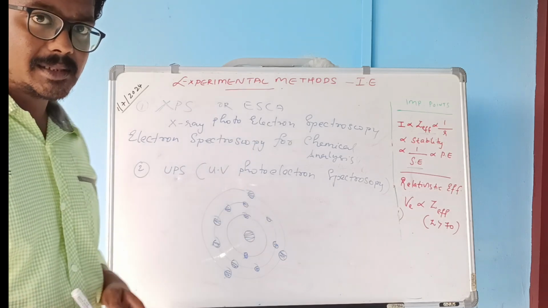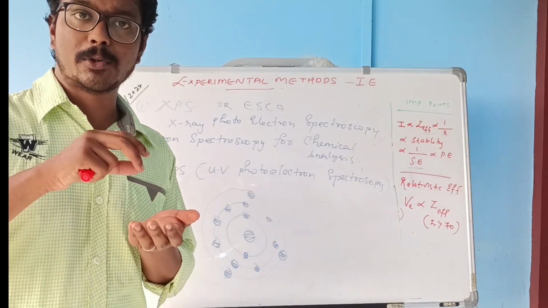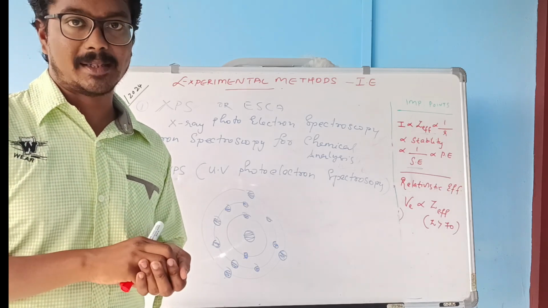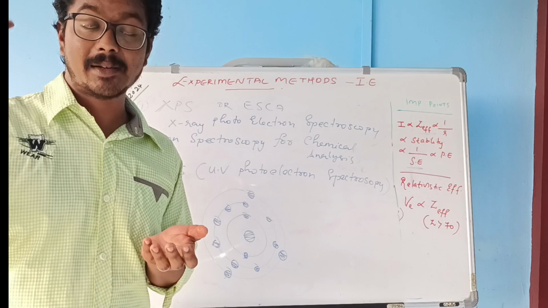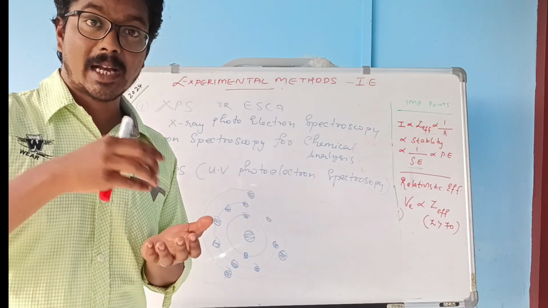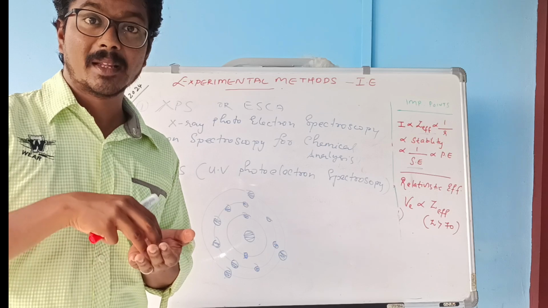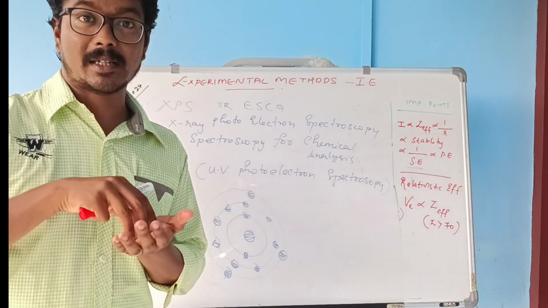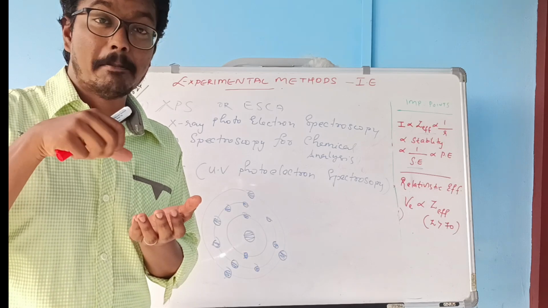Ionization energy is simply the amount of energy required to take the valence electrons away from the atom. So, we have to take the electron from the atom. In another way, we can say that we have to remove the electron from the nuclear field of attraction, or the binding energy.